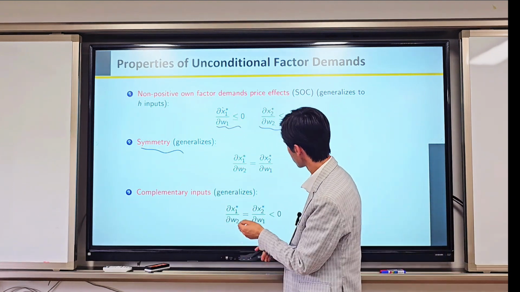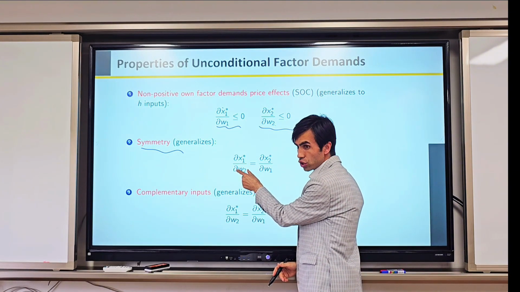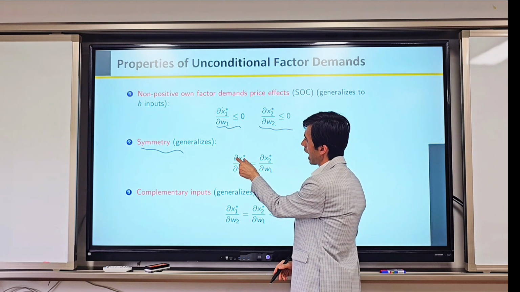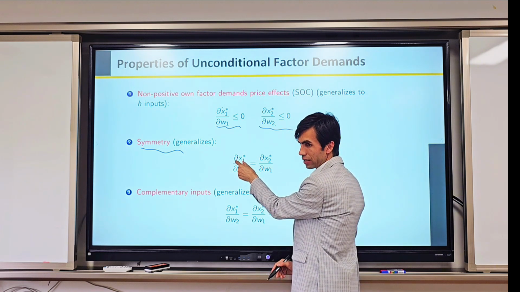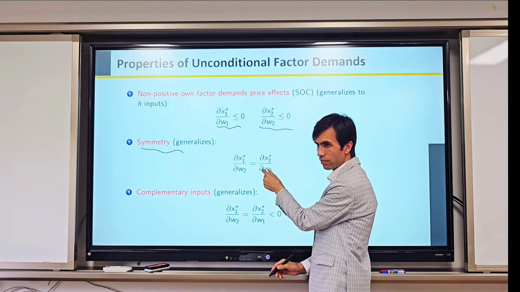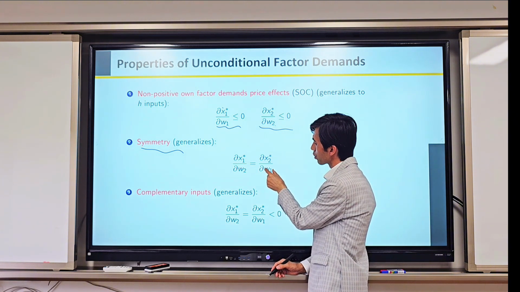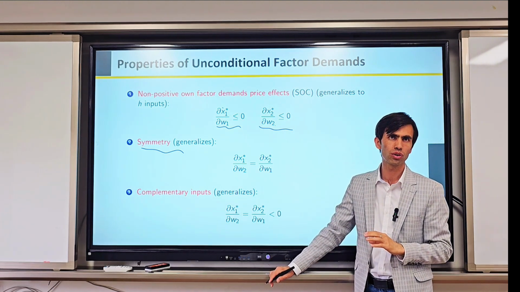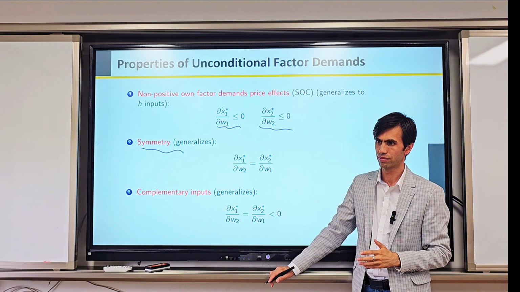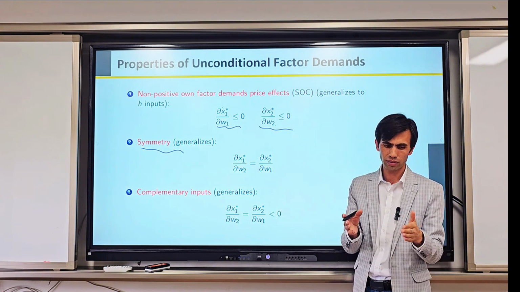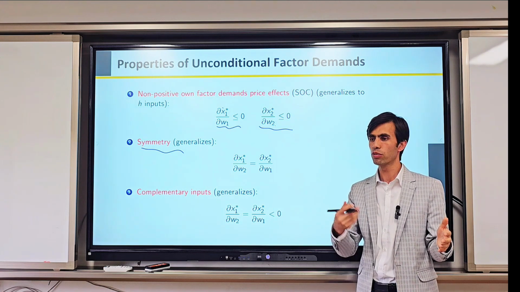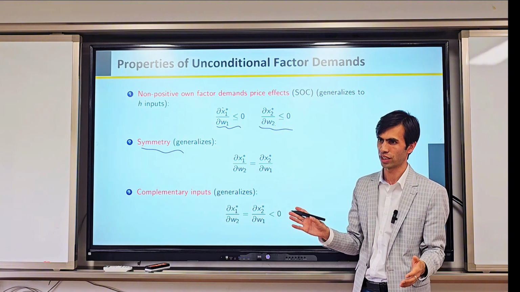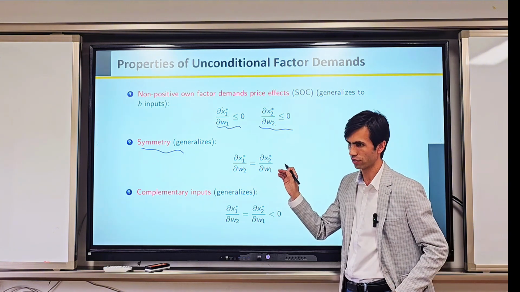And also, another way: when the price of input 2 increases, what will happen to the demand for input 1 is exactly the same as when the price of input 1 increases and we ask what will happen to input 2. It's a kind of cross partial derivative. As you know already, when we move from the first order condition to the second order condition, we get the cross partial derivative, so we will have this kind of condition.